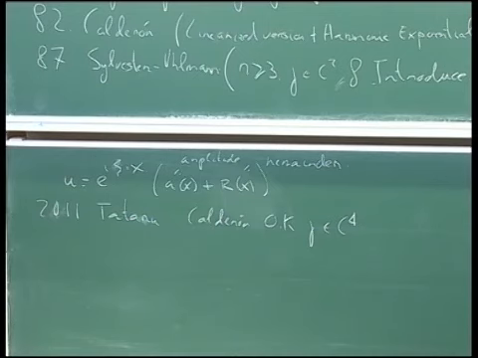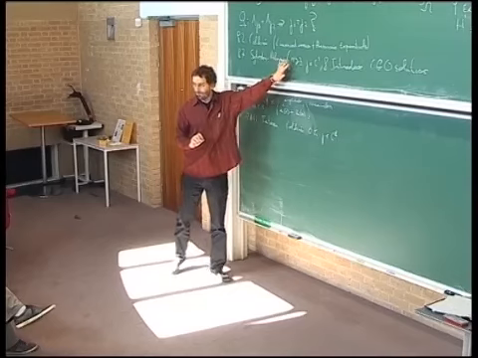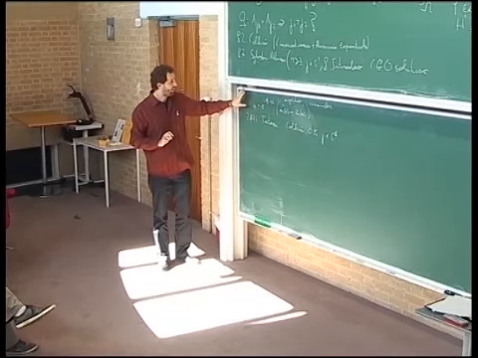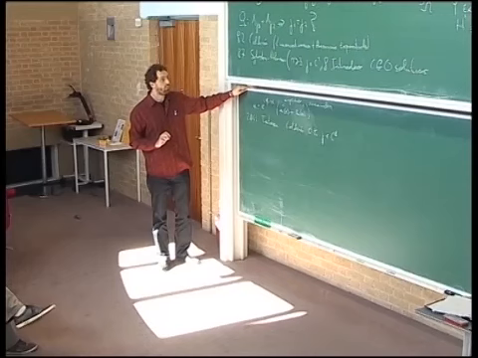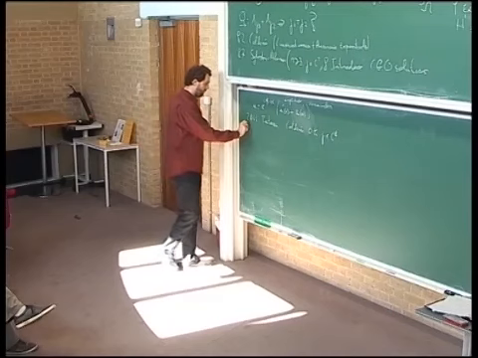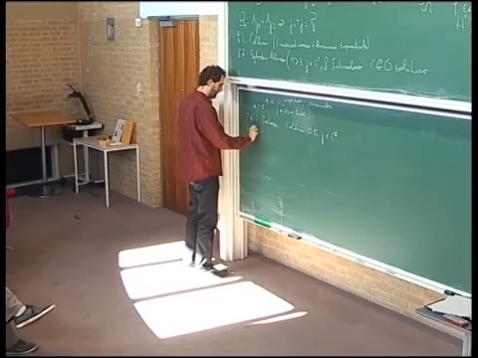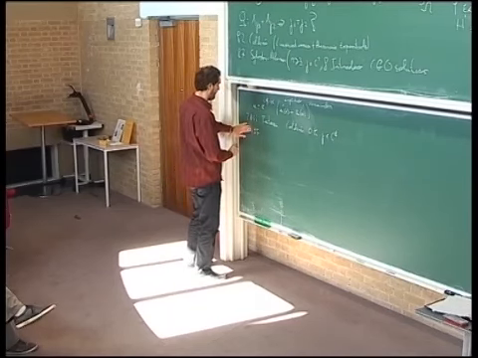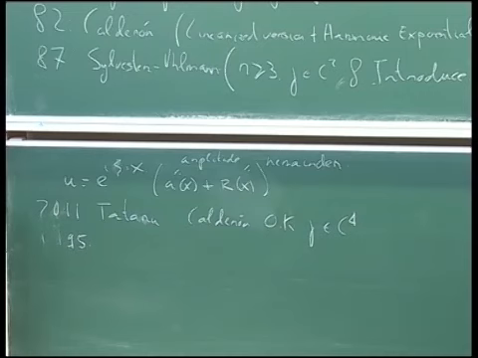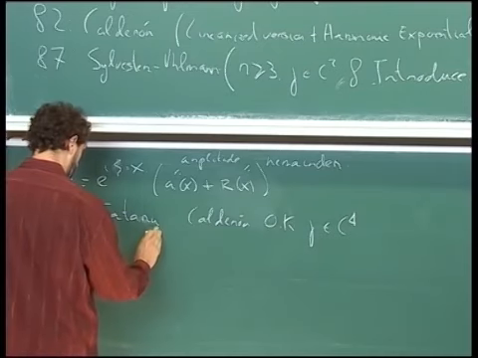Okay, so what I said here is solved for n greater than 3, and in fact the method doesn't extend as it is to dimension 2, where a different approach had to be introduced, and this was done by Nachman, 1995.